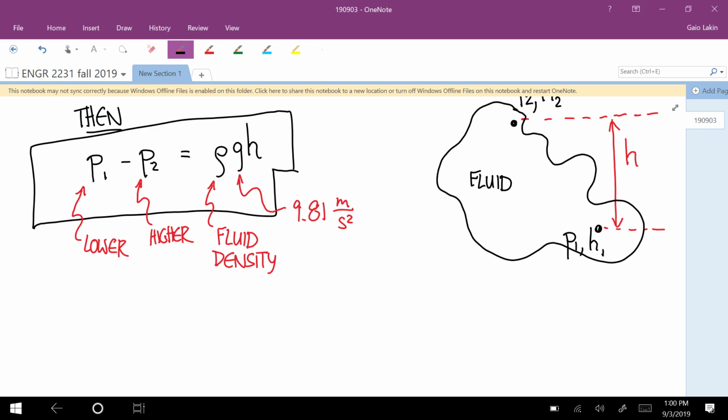The pressure pushing in on you starts at atmospheric pressure and then gets bigger as you descend by the density of water, 1,000 kilograms per meter cubed, times 9.81 meters per second squared, times the height. So you can just use that to measure how much the pressure is increased as you descend.